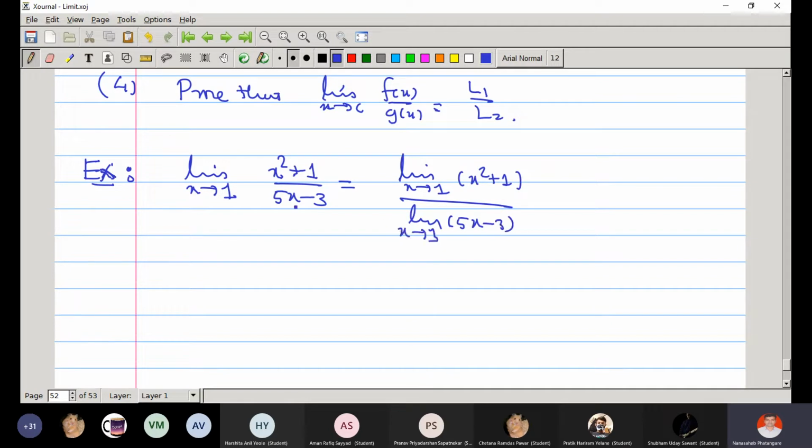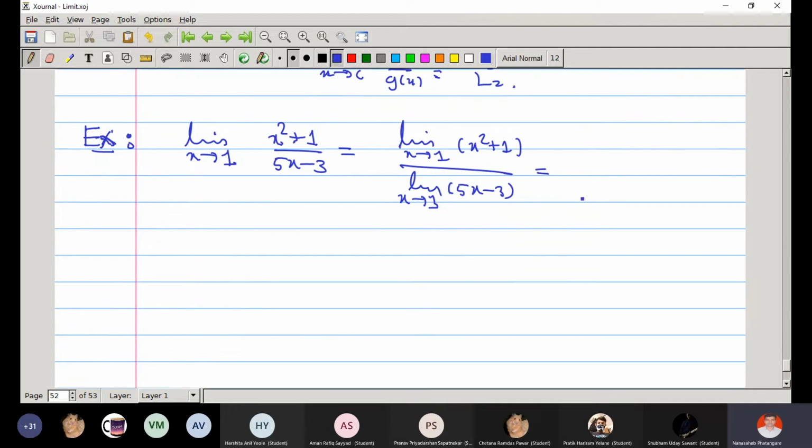The limit of a quotient is the quotient of limits. So this property we are now adopting here. And what is the limit of the numerator as x tends to 1? That we can understand directly, that it is 2 upon 2, which is 1. So this makes it easy.